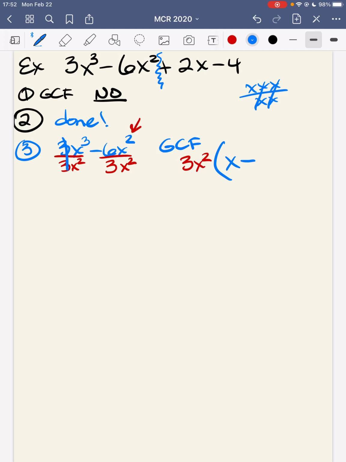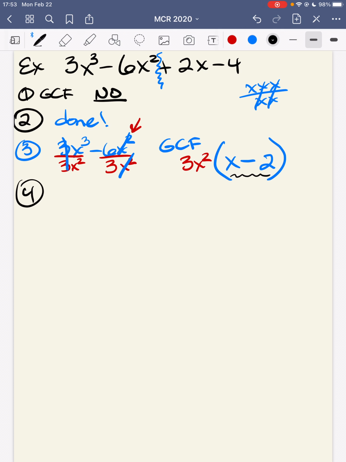The minus sign stays. 6 divided by 3 is 2. And the x squareds are going to completely cancel. And this is what I get from pulling out a GCF from my first two terms. My goal is to see if this reappears when I do it the second time for the next set of numbers. So that brings me to step 4.